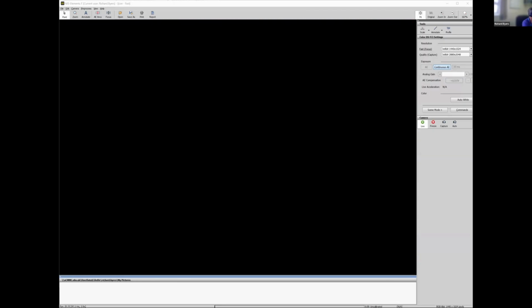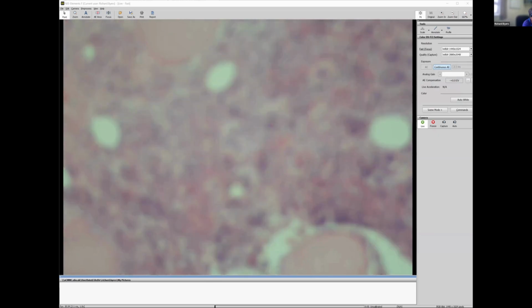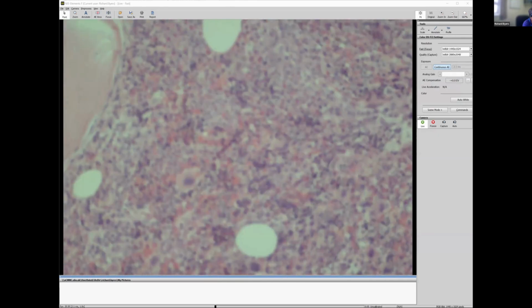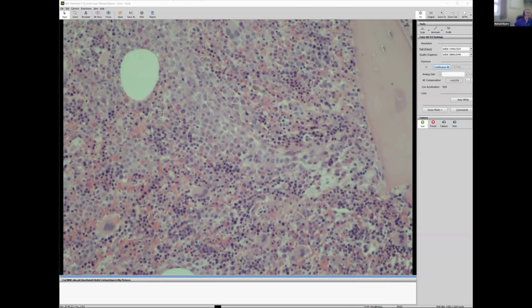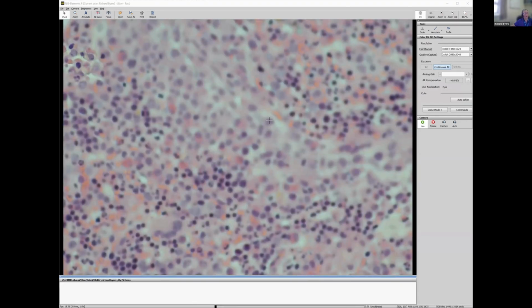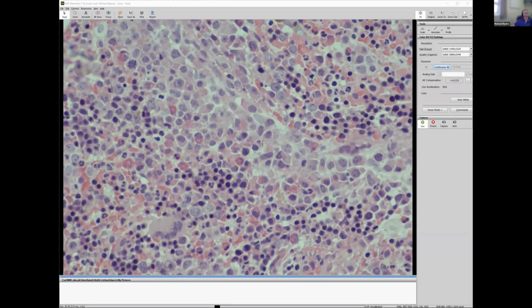What's interesting about it is that the white cell count isn't particularly high. So this is characteristic of chronic myeloid leukemia, these kind of seams of very immature myeloid cells, like here, which then go on to mature into neutrophils.